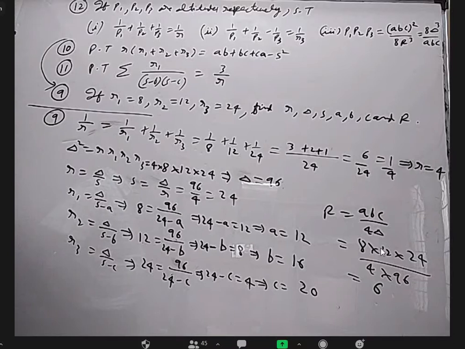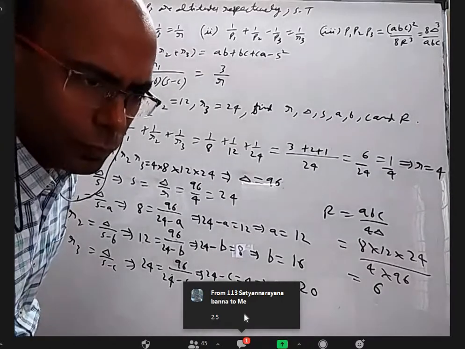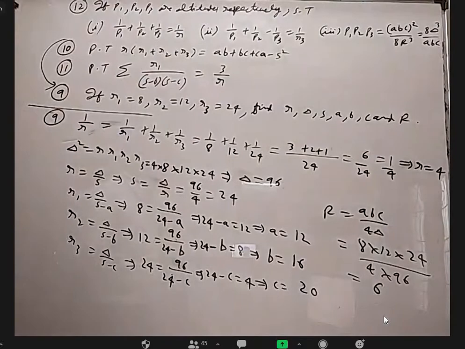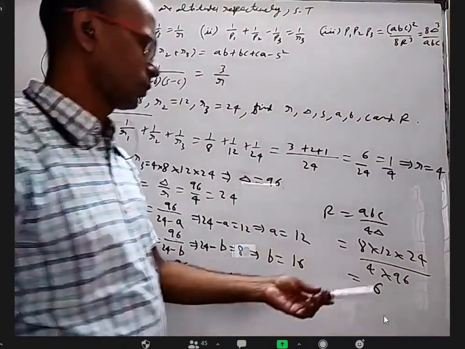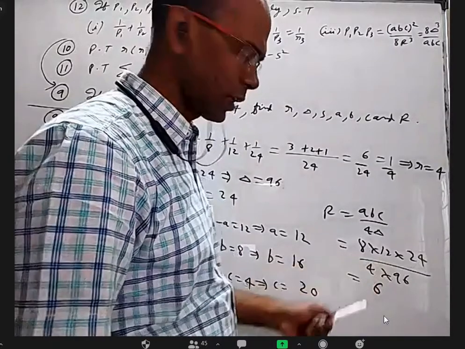The ninth question, is capital R 6 or not? Sir, 8, 12, sir. This is 12. This is 24 into 4, 4 3 is 4 2. Our capital R equals 6 only, right?